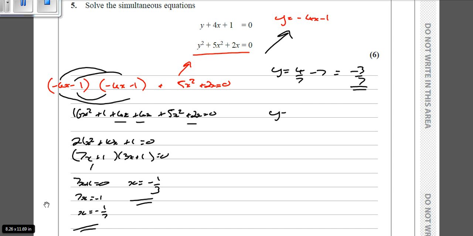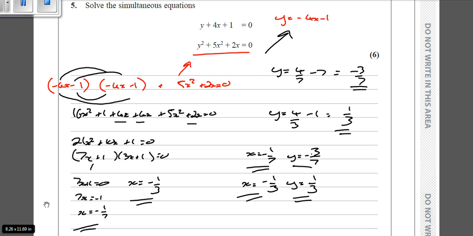And then y equals minus 4 times minus 1/3, that's going to be positive 4/3. Take away 1, giving you 1/3. And just to make it really clear, what I would then do is write them out. So x equals minus 1/7, y equals minus 3/7, x equals minus 1/3, y equals 1/3.